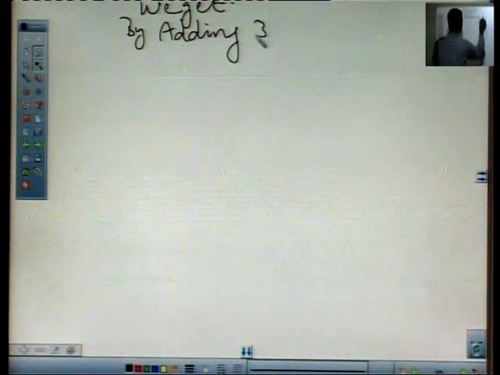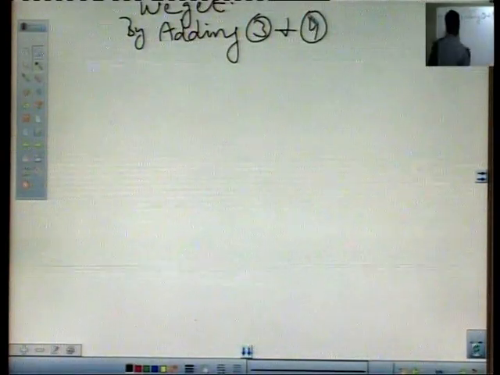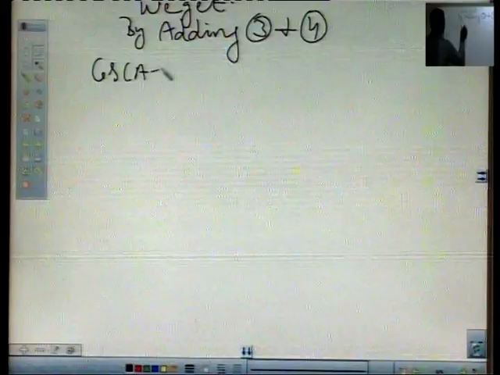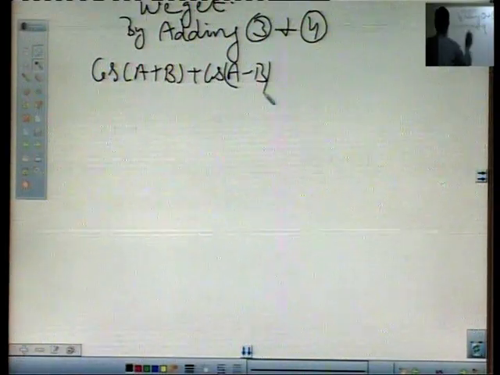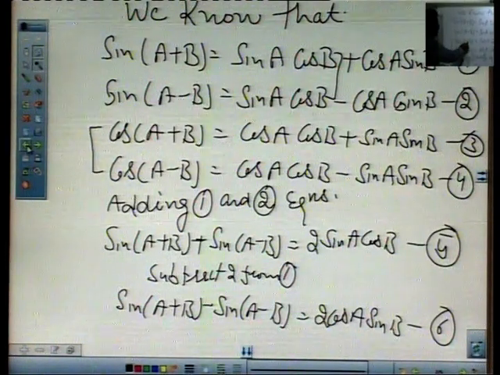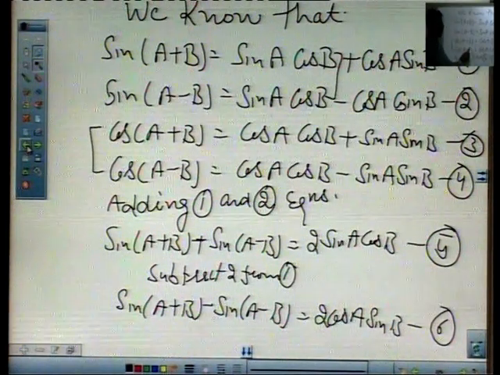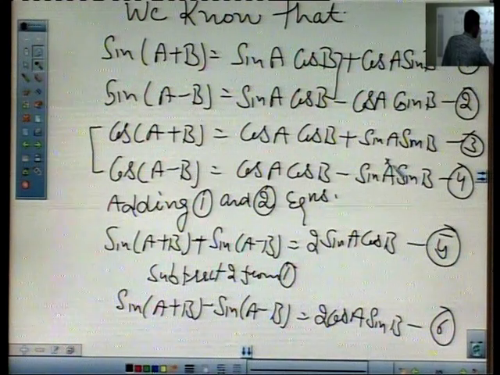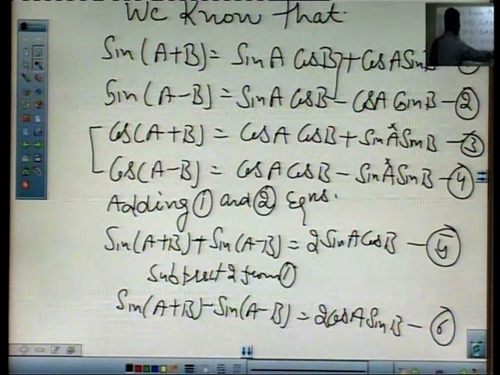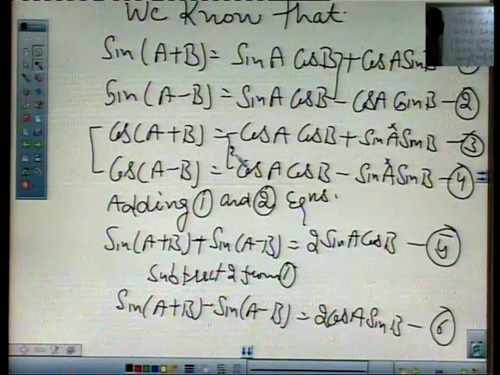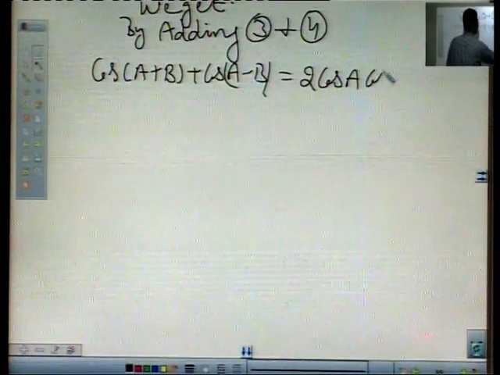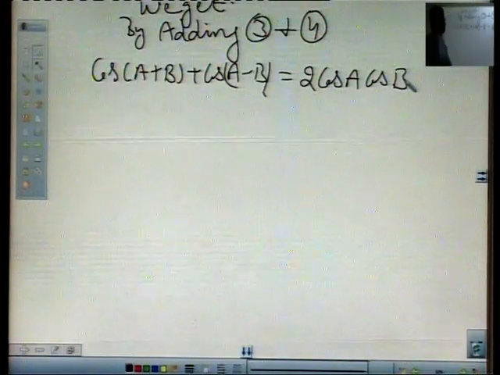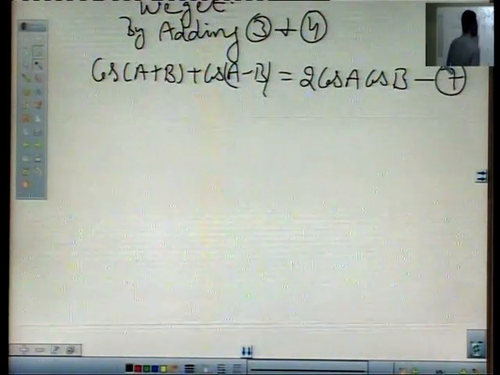By adding 3 and 4, on the left hand side we have cos A plus B plus cos A minus B. This sin A sin B will get cancelled with this sin A sin B, and we have 2 times cos of A cos of B. Now, let this be equation number 7.